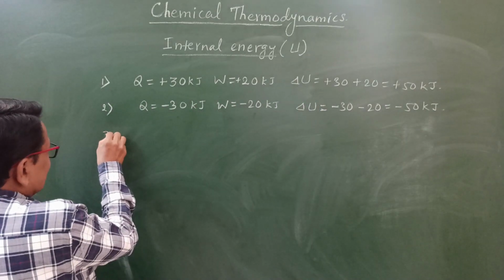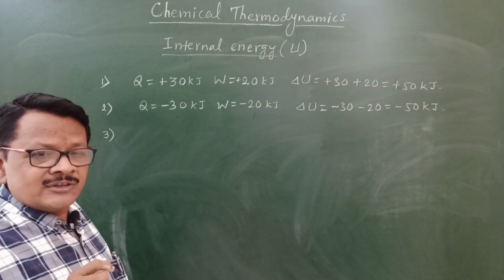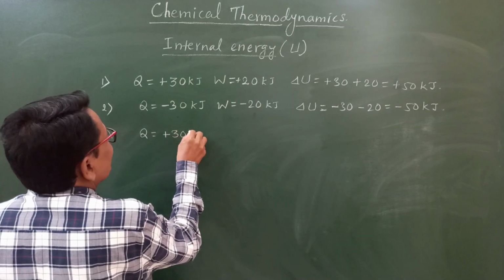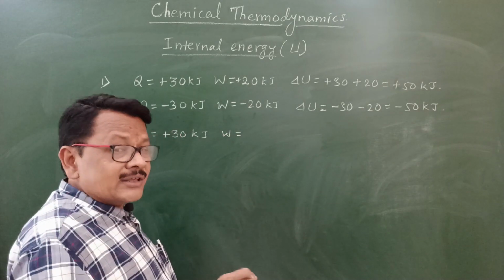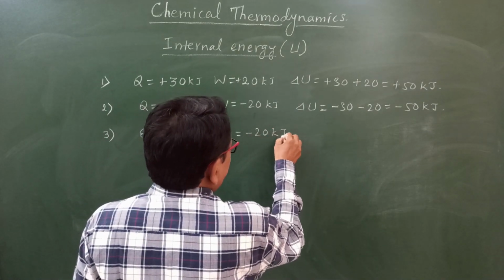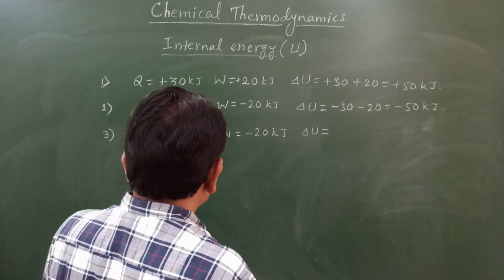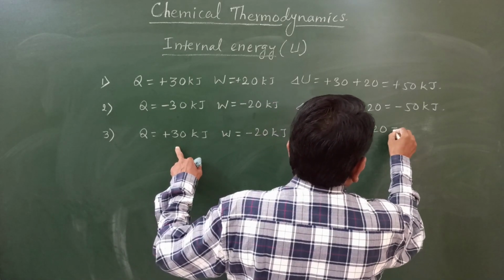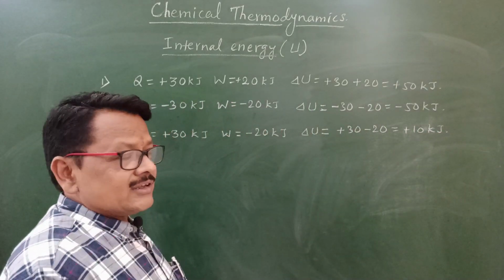We consider the third example. If 30 kilojoule of heat is absorbed by the system, then Q is equal to plus 30, and 20 kilojoule of work is done by the system on the surrounding, so that is minus 20. Delta U, the total change in internal energy of the system, is plus 30 minus 20, equal to plus 10 kilojoule. And we consider the last example.